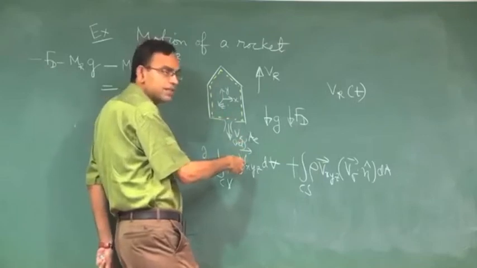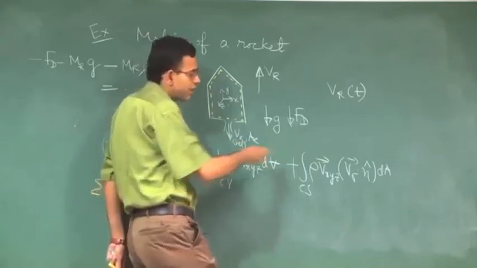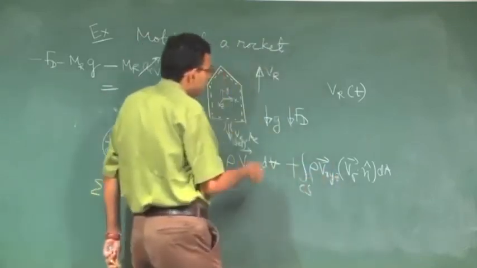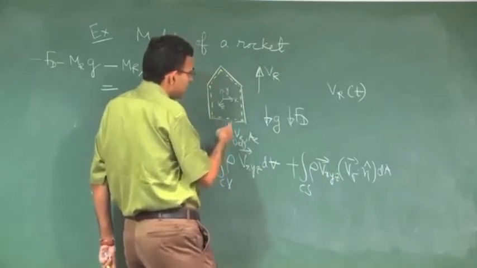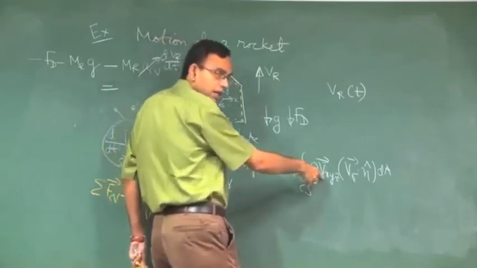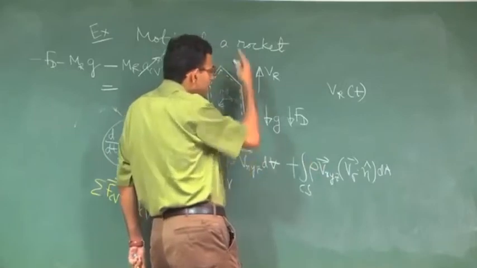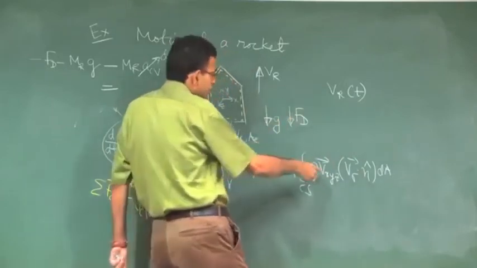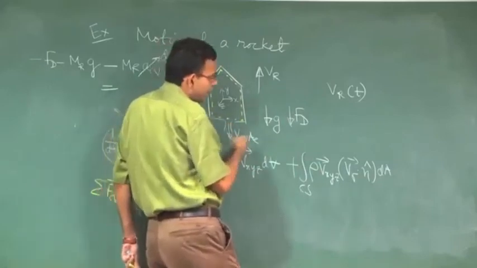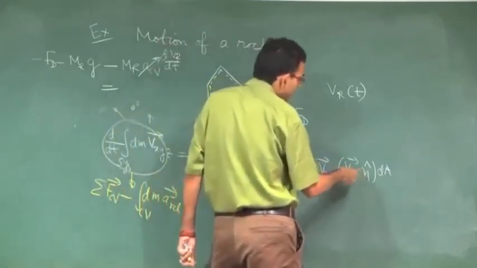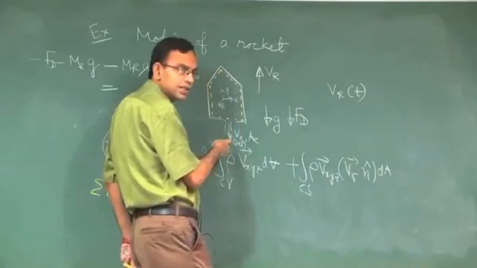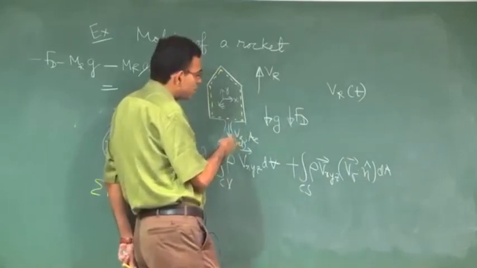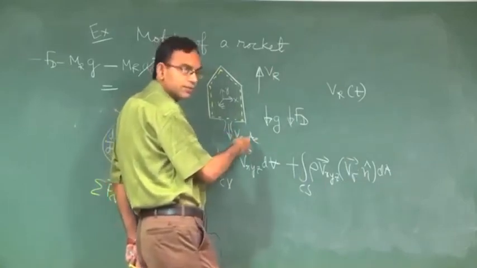So this term is 0 inside the rocket, and this term, what is this here? This is minus VE. It is a one dimensional problem, so the vector becomes a scalar with plus or minus. So this is minus VE, and this V dot eta is positive because it is outflow. So minus rho AE into VE square.